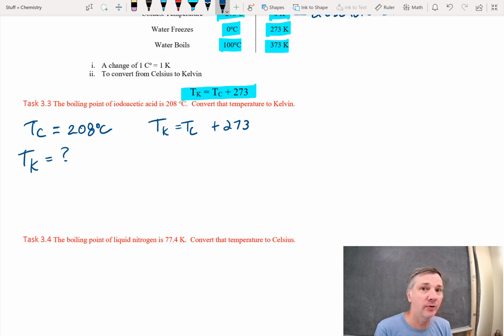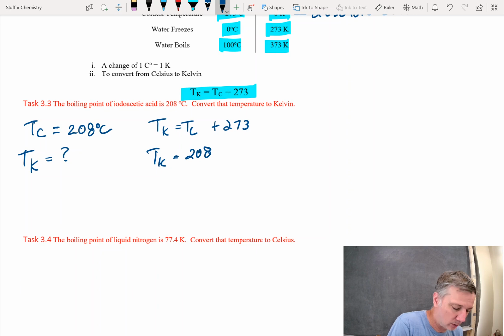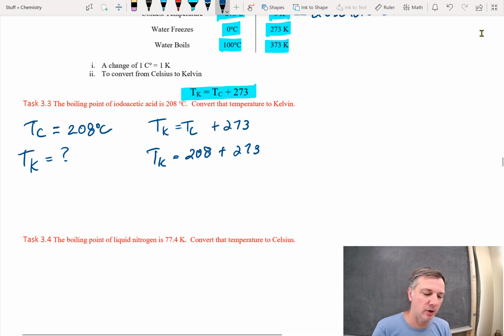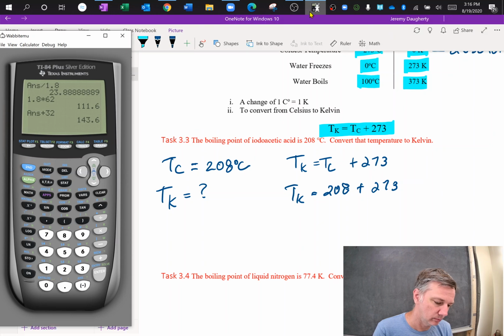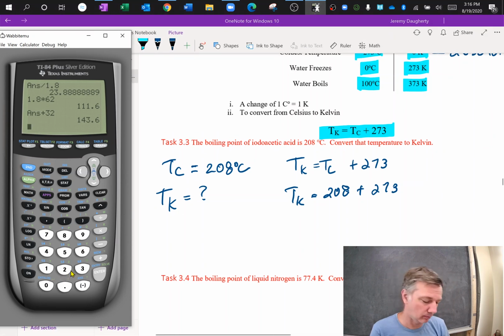Let's fill in what we know. Temperature Kelvin is equal to 208, which is the temperature Celsius, plus 273. Let's see what that is on our calculator. We have 208 plus 273.